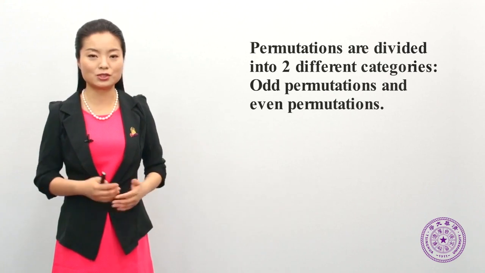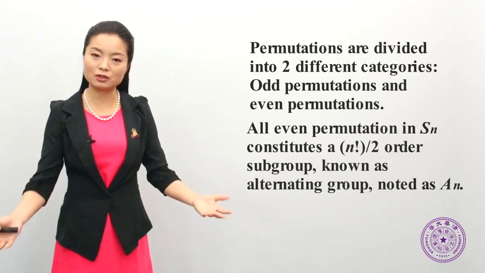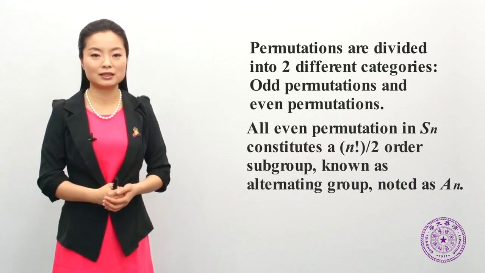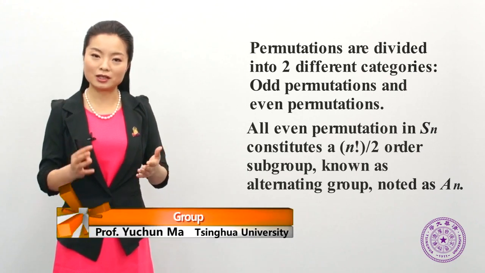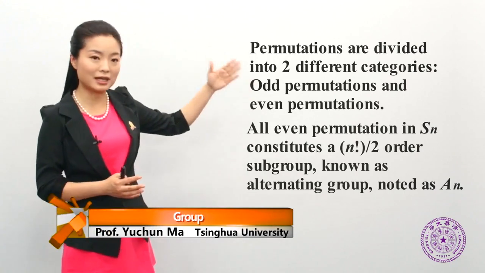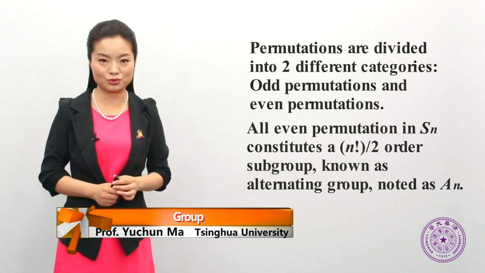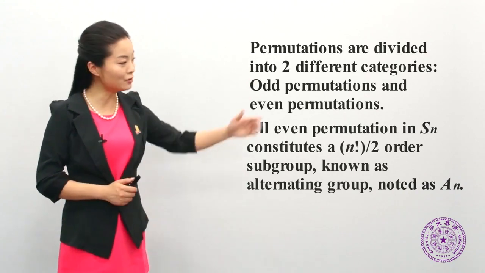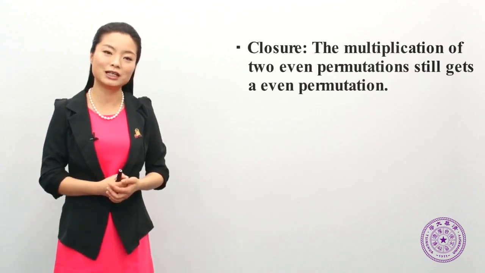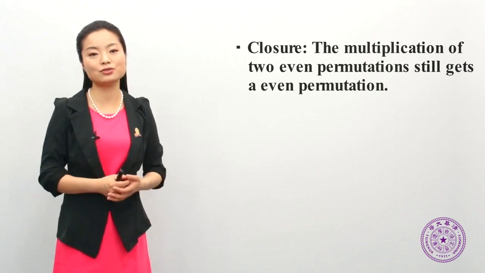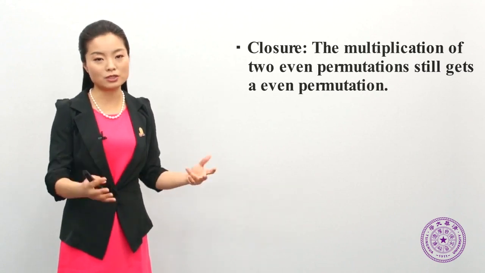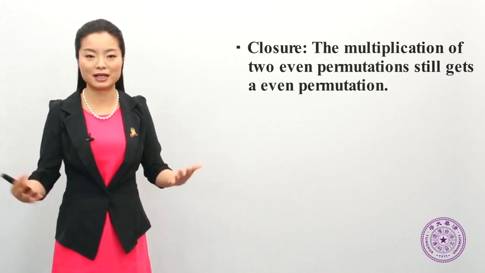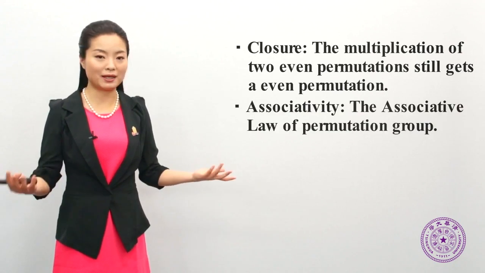We can see it still has the characteristic of closure, because the multiplication of even permutations is definitely still an even permutation. Permutation multiplication already satisfies the associative law, while the identity element corresponds to all fixed elements. Its permutation is 0 swaps. It is an even permutation.